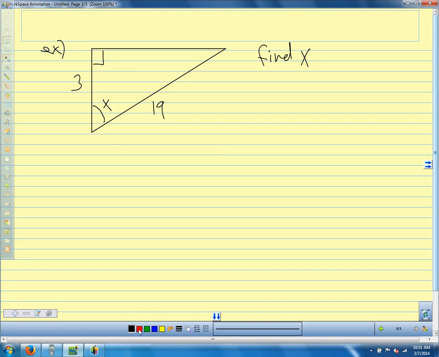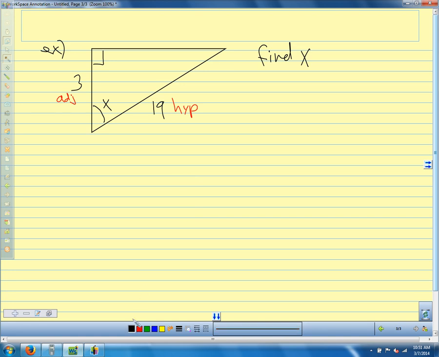So let's label our sides. Is 3, for angle x, opposite, adjacent, or hypotenuse? Adjacent, it's next to the angle. And 19? Hypotenuse. Hypotenuse is always across from the 90-degree angle.